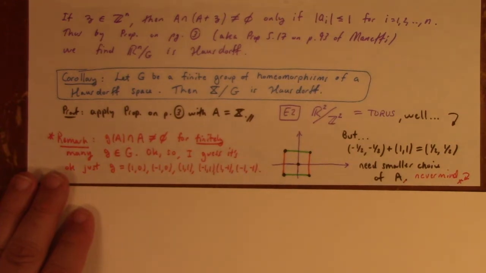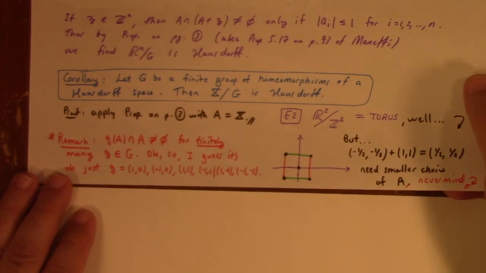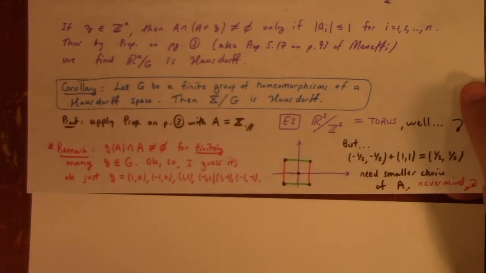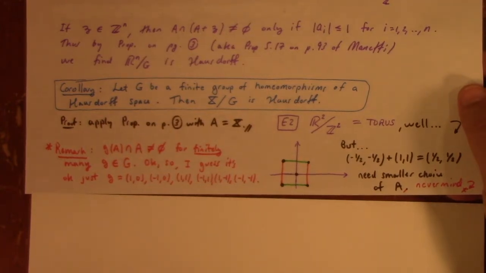Now I thought this was the torus, but I don't think it's exactly the torus. I feel like you could find a torus, but it's not clean yet. The torus, I believe, is taking those identification pictures and just identifying the top and the bottom and the sides. But anyway, let's just move on here.